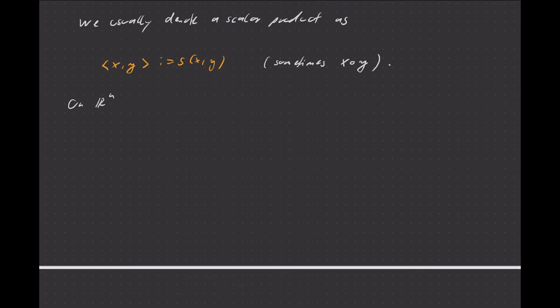So on R to the n, a scalar product is defined by saying, well, if we have vectors x1 to xn and y1 to yn, and we want their scalar product, then we can compute that by taking the product of these single components and then summing those up.